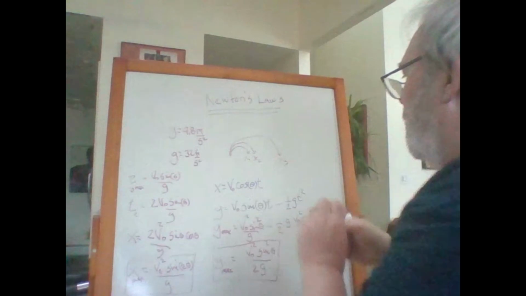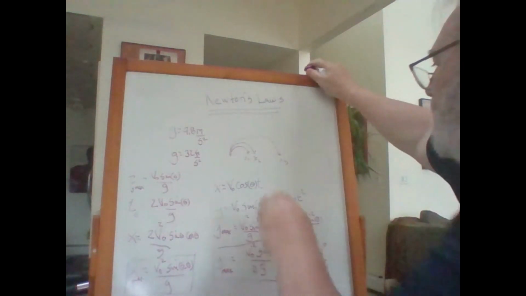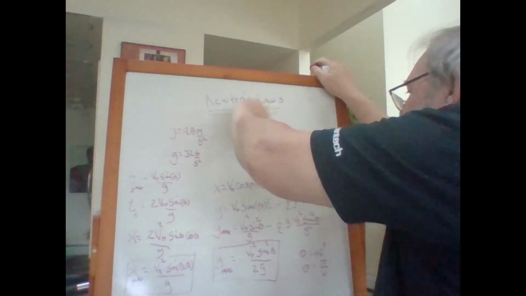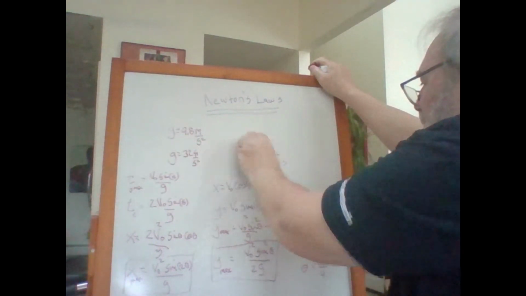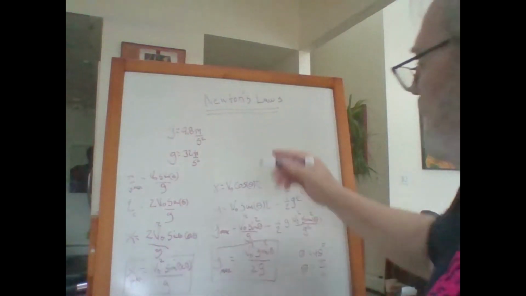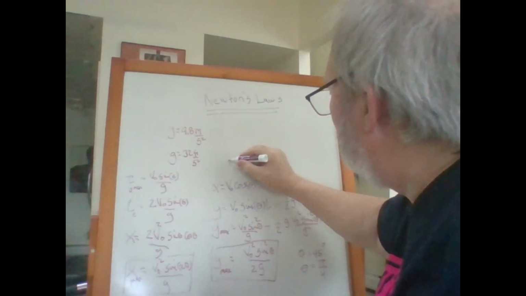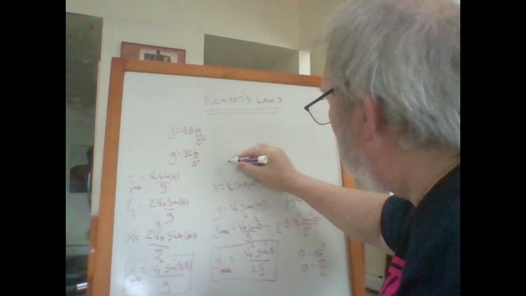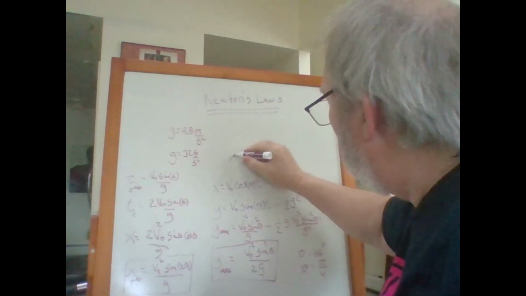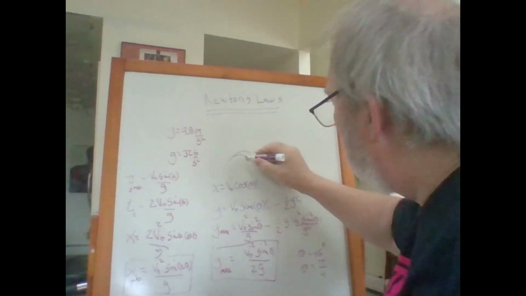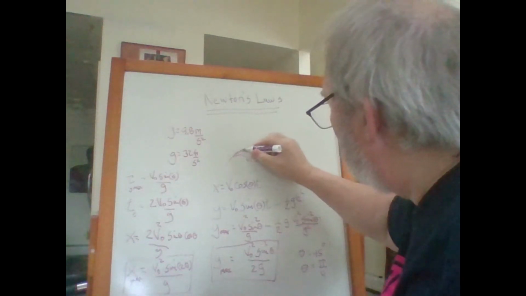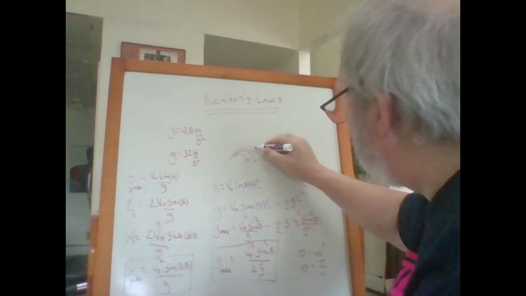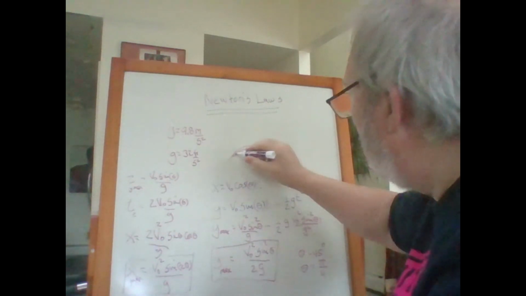Actually, these don't go up that steep. The angles are always the same. I didn't do a very good job drawing that. Okay. So let's say this is x1, this is x2, this is x3, this is x4, and so on.